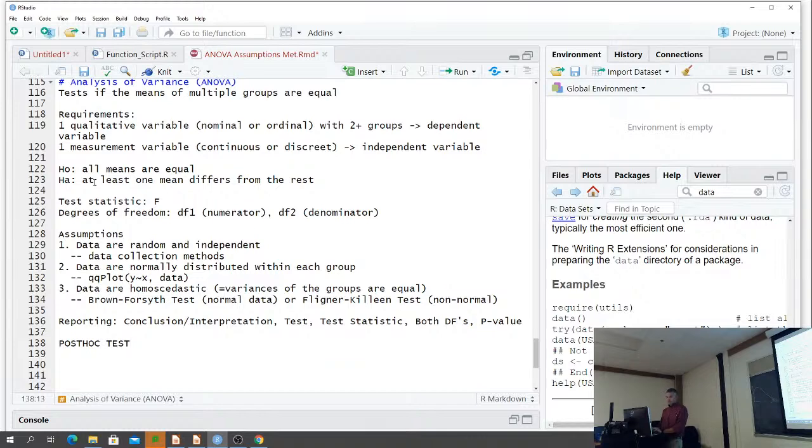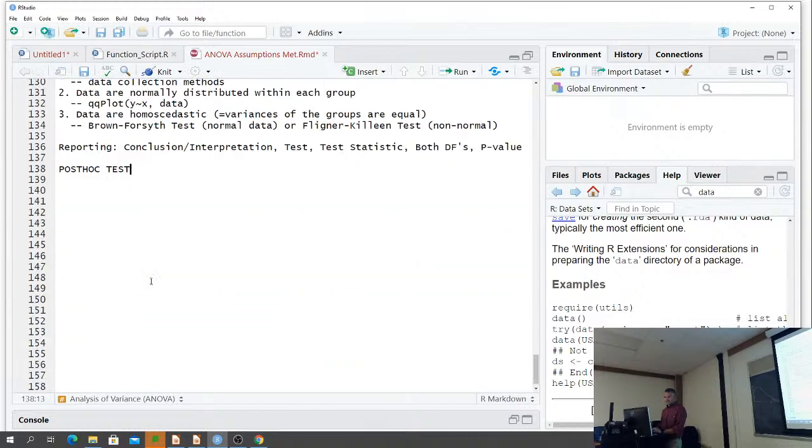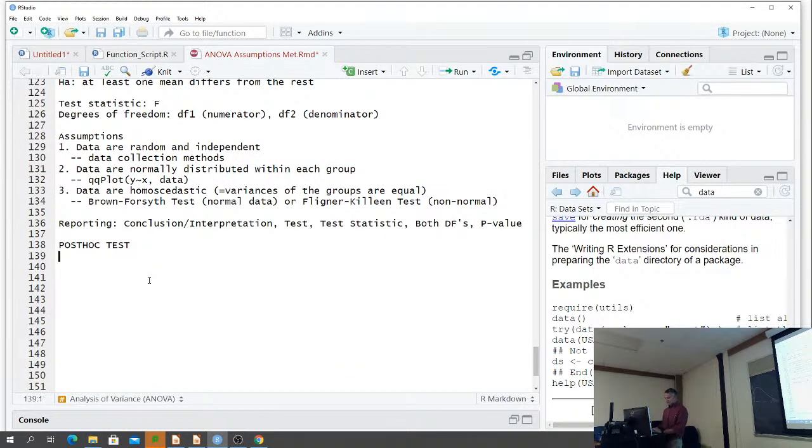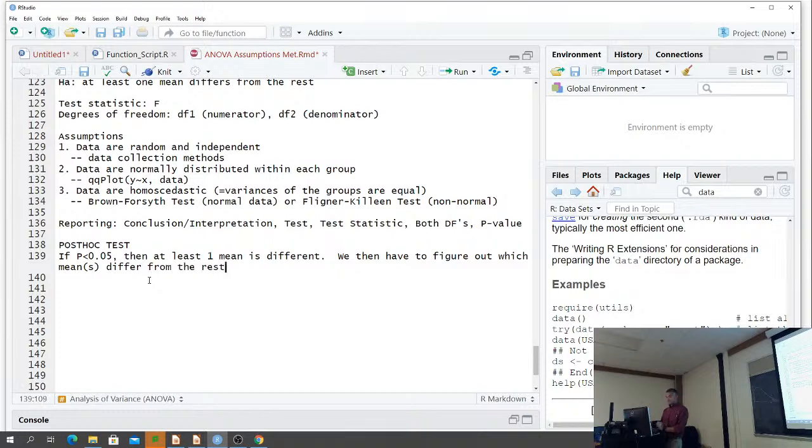All right, I'm going to put this in bold, post-hoc test. So if p is less than 0.05, then at least one mean is different. We then have to figure out which mean or means are different from the rest.